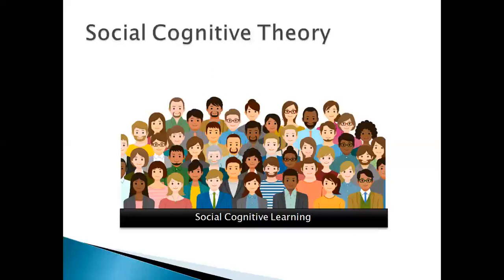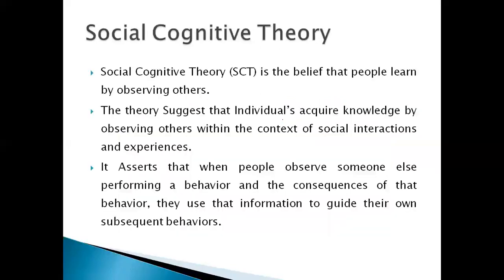So the same thing is explained in the social cognitive theory. Social cognitive theory believes that people learn by observing others, the exact thing the observation theory has explained. Going forward, this theory says that people acquire knowledge by observing others, but within the context of social interaction and experiences.